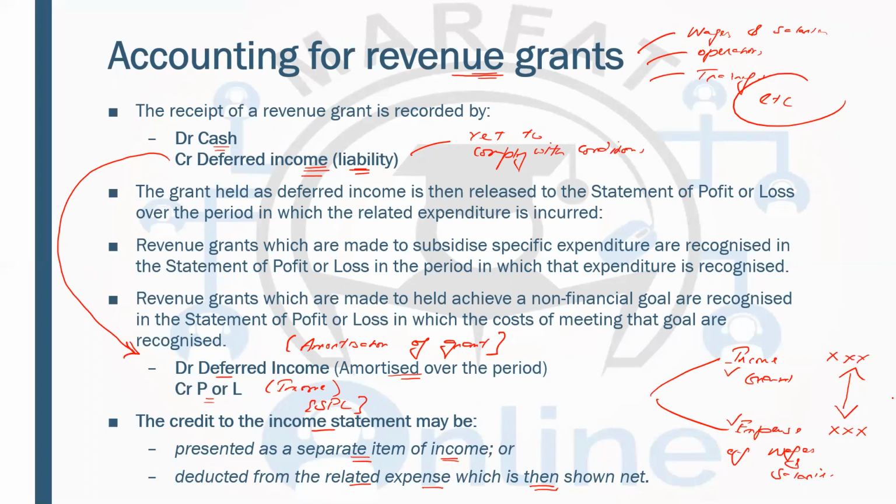When you net off, it is going to be either a net income or a net expense. Let me summarize it. Either you can record the grant income and expense separately within the statement of profit or loss, or you can just net it off. Netting off means it is going to be either the net income or net expense within the statement of profit or loss.